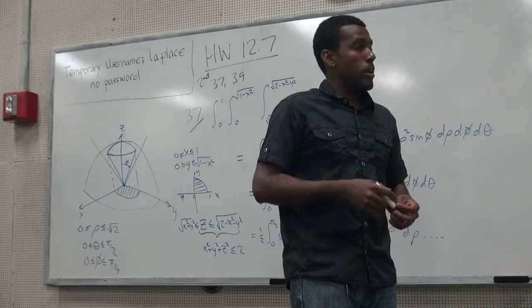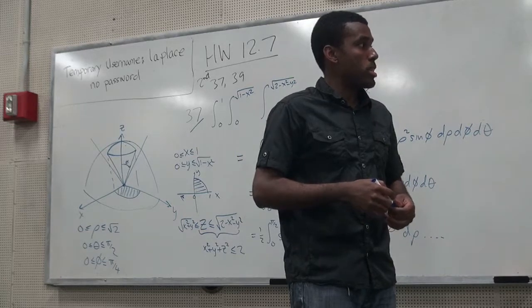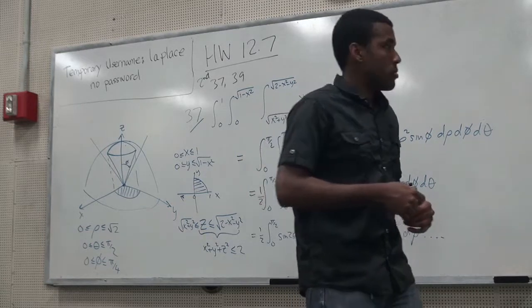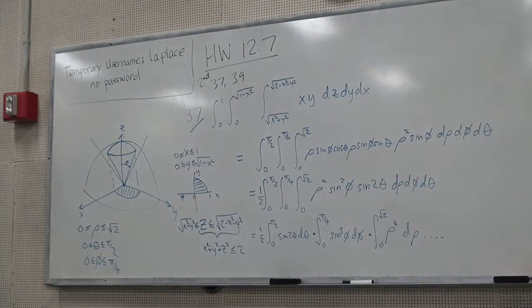Okay, so you know how a cone is represented by z equals rho, the lower half of the surface and under the higher half of the surface.